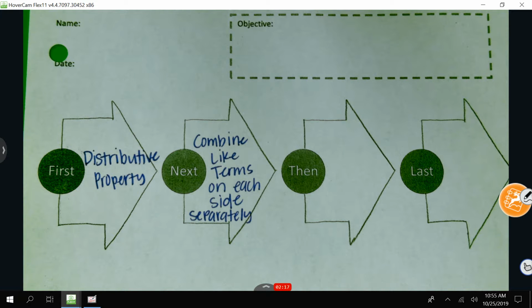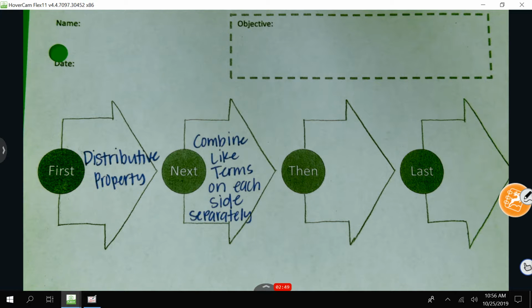So then, what do we do? Then we get the variable on one side. When we're solving equations, what order do we go in? If we're trying to get variables and constants on one side, how do you do that? What operations? Adding or subtracting, right?